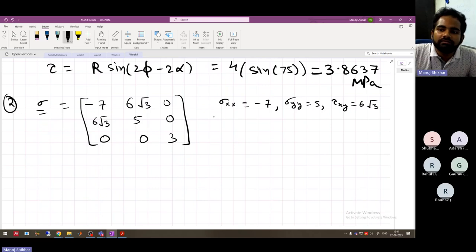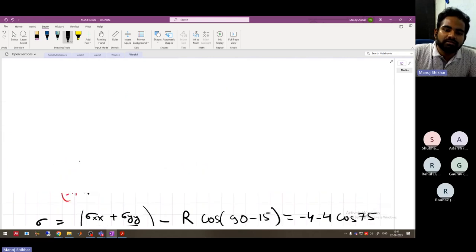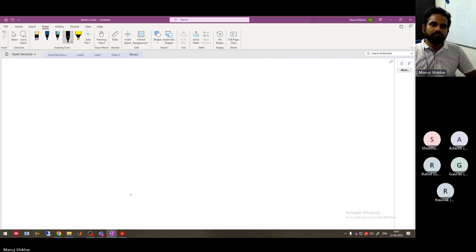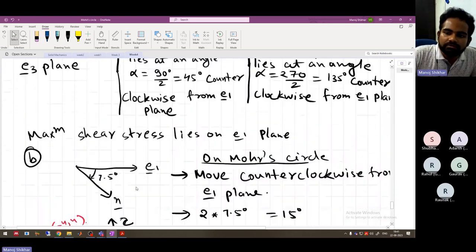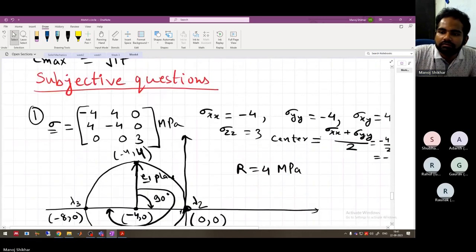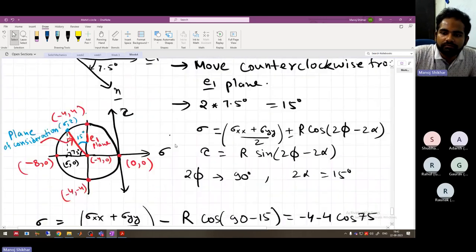What can we do here? We can directly write sigma xx, so we can find the center. Center is what? In this question, I'd like to mention one thing about the previous question. There I used this formula.